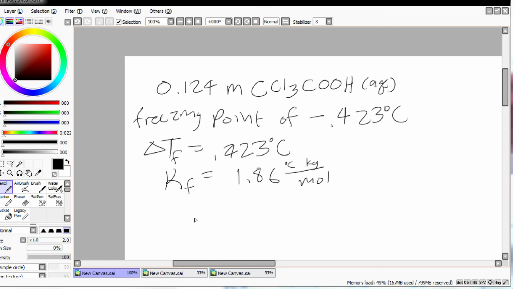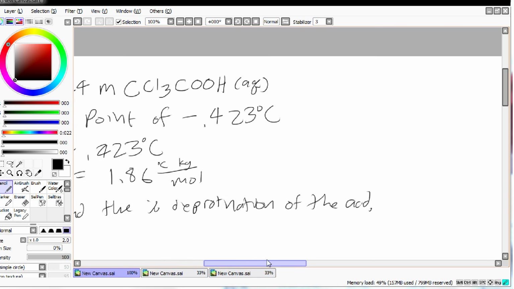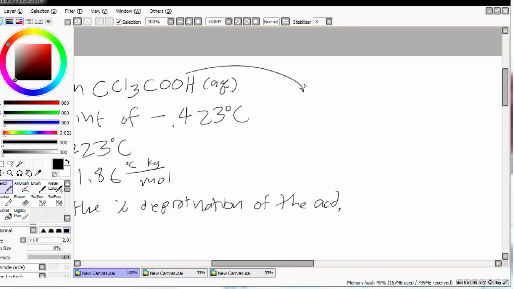Okay, so they want us to find the percent deprotonation of the acid. So first, let's just note that this thing goes to this, and we want to find out how much of this turns into this, essentially.